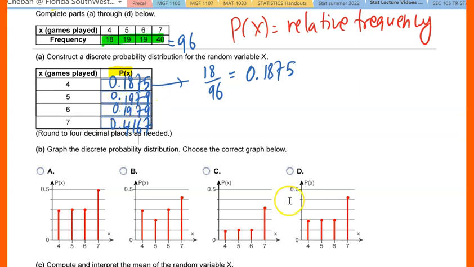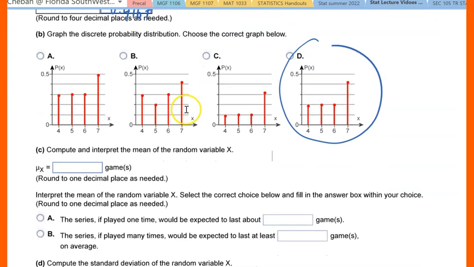This one is a little bit smaller because it is 0.1979, and this is 0.1875, and this is the right answer. You can see from the table that this graph matches this table.